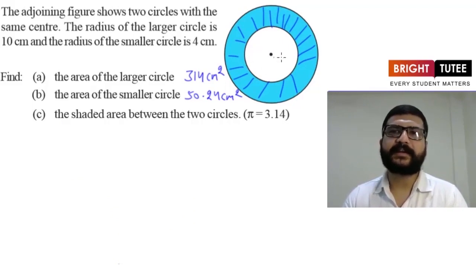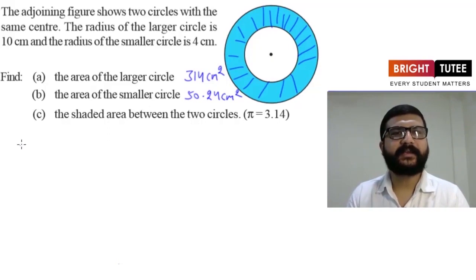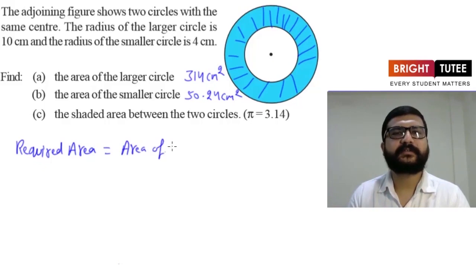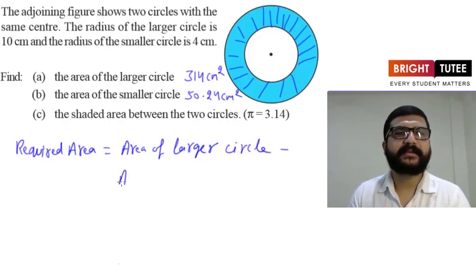Okay, so now let us do that only. So here we can write required area or the shaded area is equal to area of larger circle minus area of smaller circle.